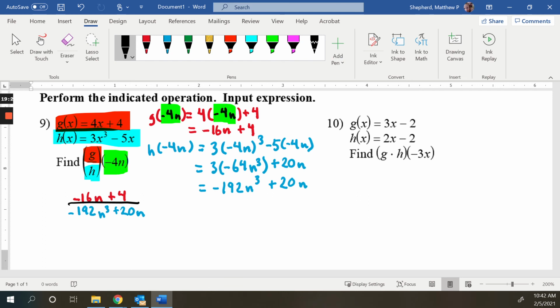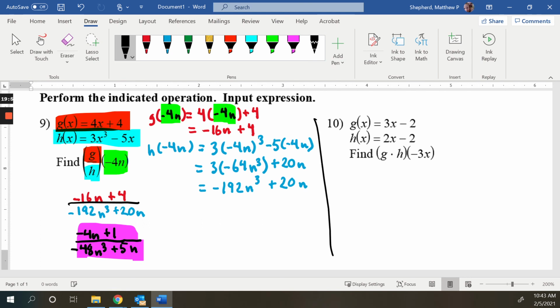So to simplify this, we divide every single term by 4, or in other words, we're factoring it out. So that'll become negative 4n plus 1 over negative 48n cubed plus 5n. And there's our simplified fraction. We're done.